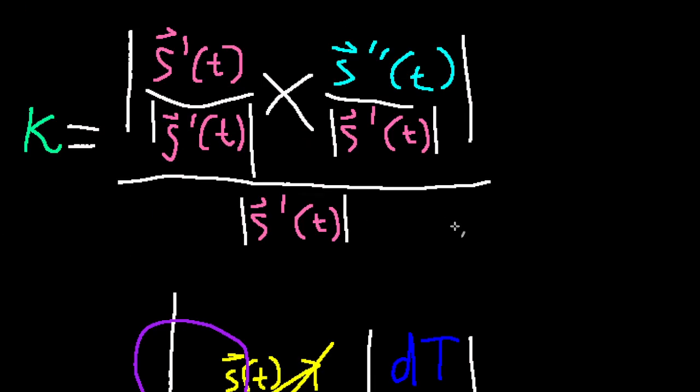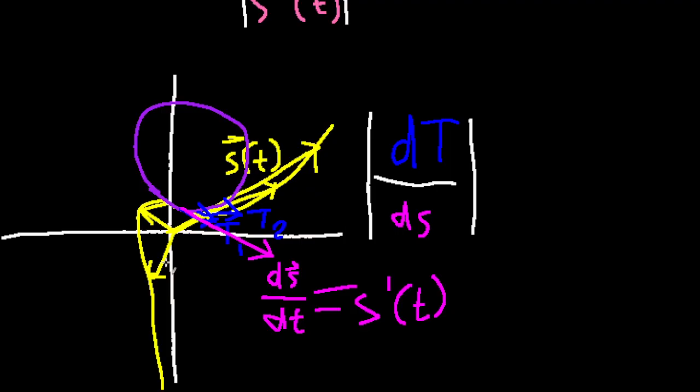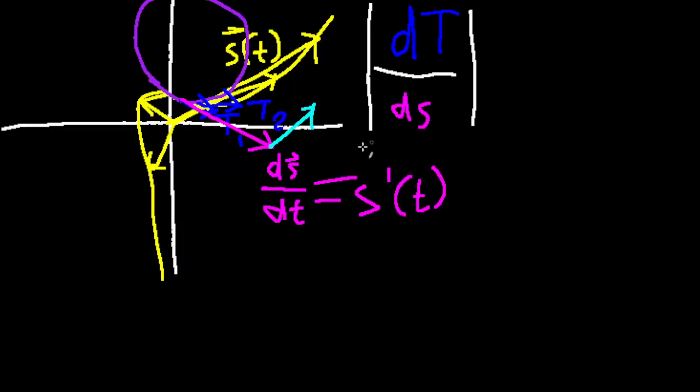But now for the second derivative, we want to go over here. And let's say that the second derivative is going in this direction. This diagram is getting a bit cluttered, so I'm going to move it down a bit.